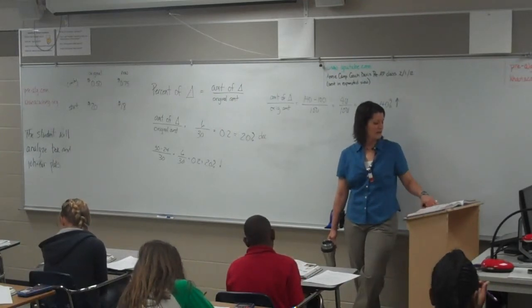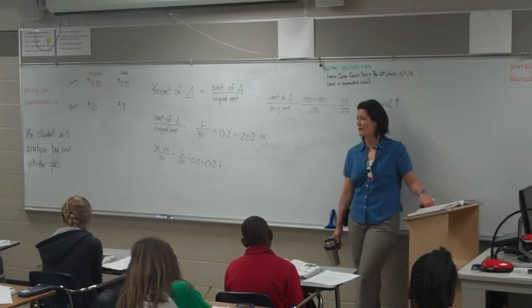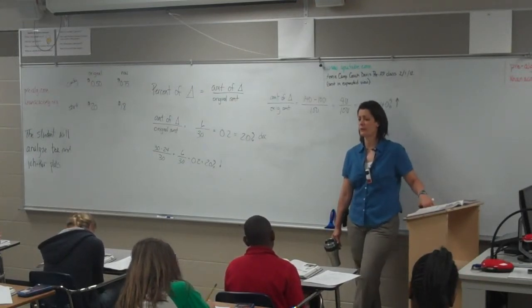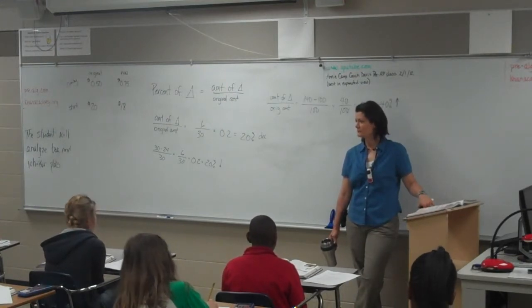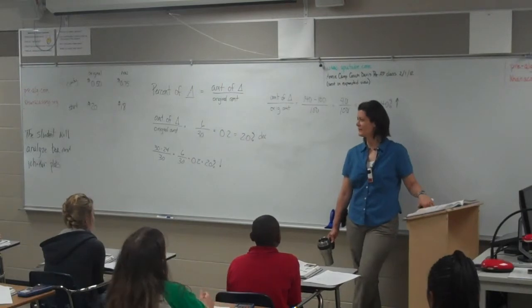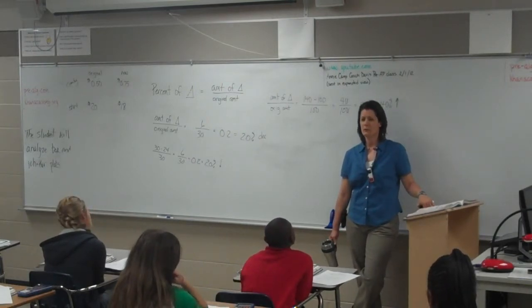Because if we're going to find the percent of increase in the perimeter, first thing we have to know is the original amount. We have to know the original perimeter of that rectangle, right? We're not going to actually do it, we're just going to talk through it. Then what do we do?